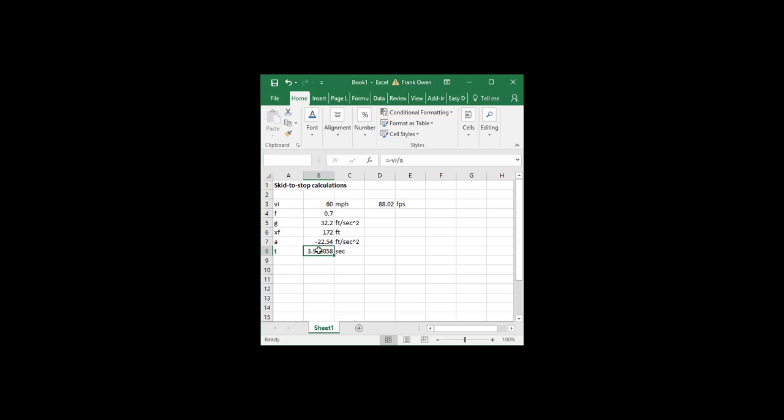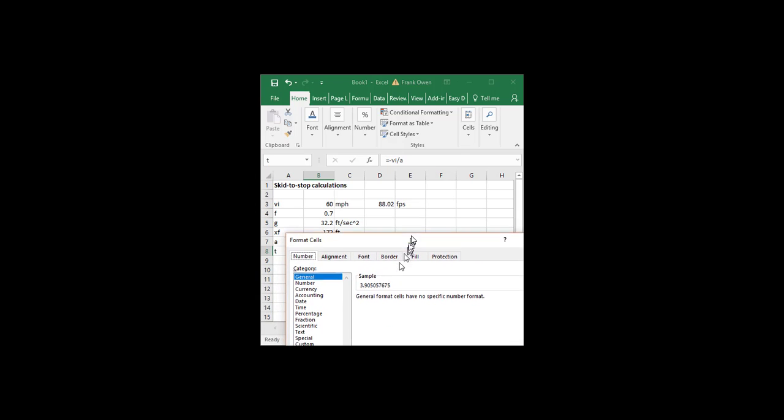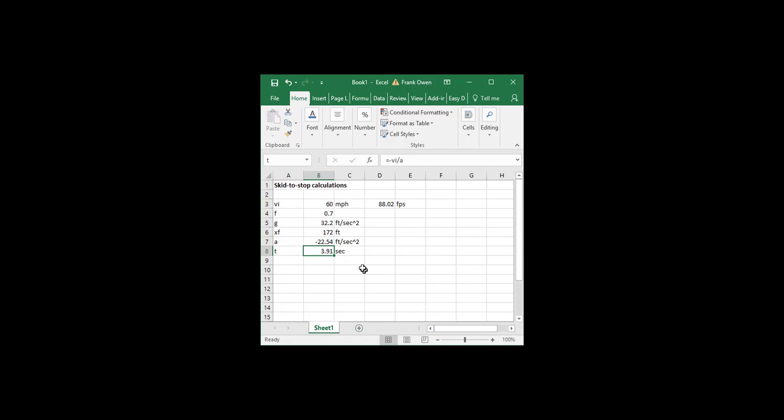And it says that we will slide 3.9 blah blah 91 seconds. I'll change this also: format cells, I'll move this up so it is included in here, number, and we'll just use 2, and there we have it.